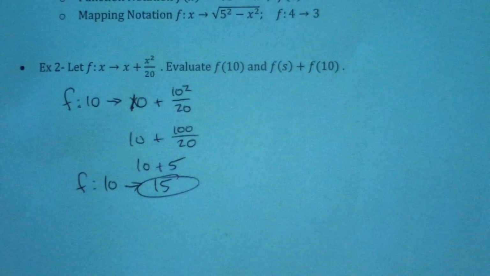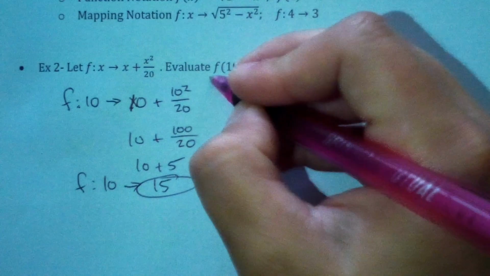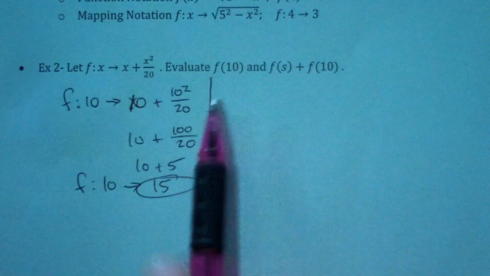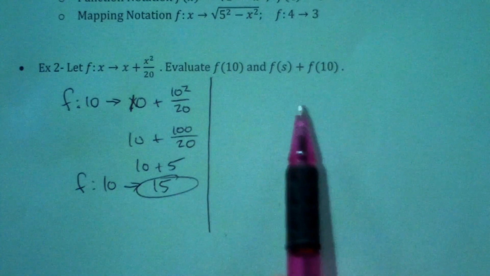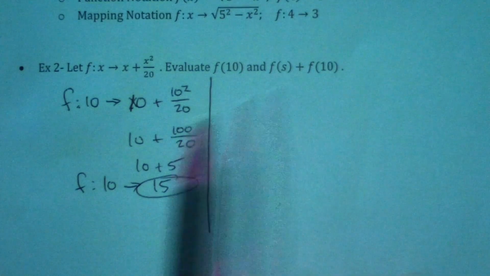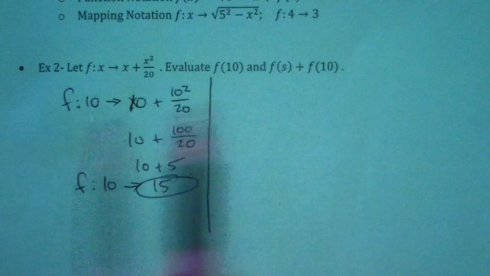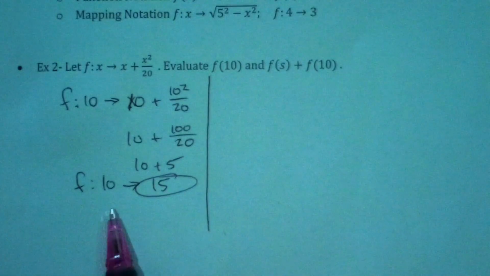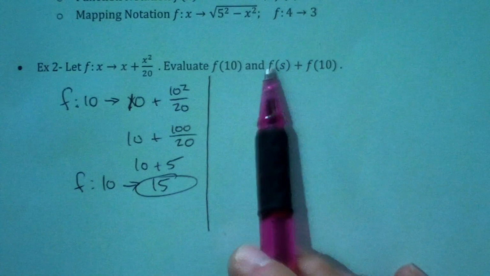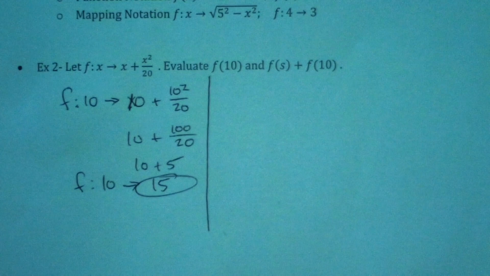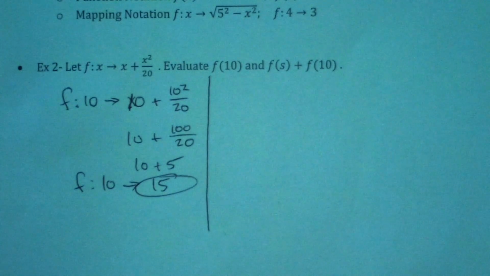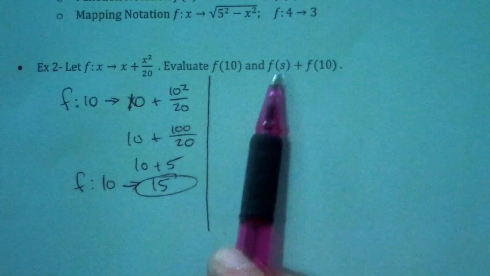But now what we want to do is add that f of 10 that we figured out before. We figured that to be 15. So we're just going to take what we got there, the s plus the s squared over 20, and we're going to add that 15 that we got for the f of 10. And when we put that 15 with it, can that be paired with any of that stuff to simplify?